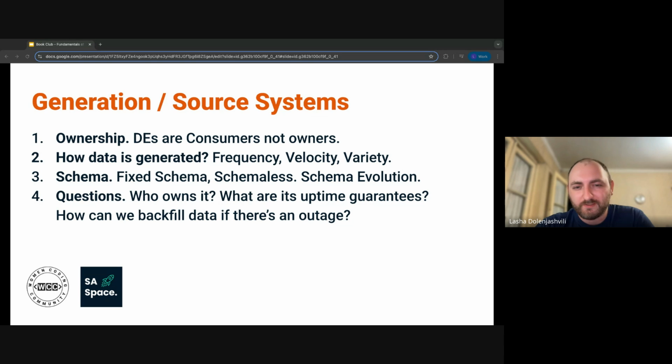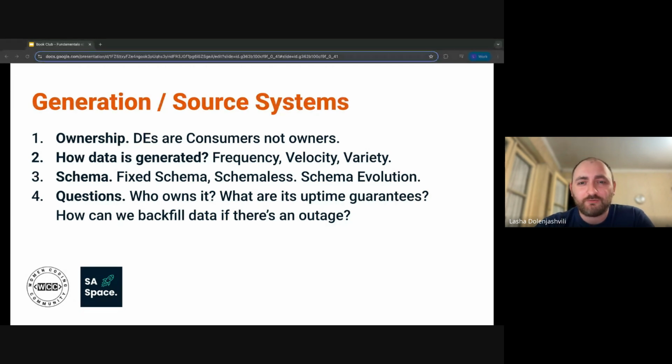So let me quickly define these frequency, velocity, and variety terms. Frequency refers to how often data is created or delivered. Is it produced on a predictable schedule, like daily state reports, or is it generated continuously, like user clickstreams on some website?